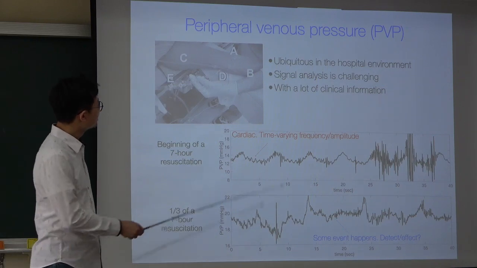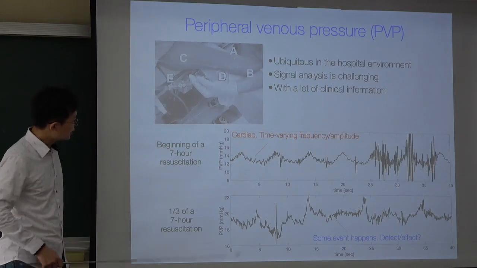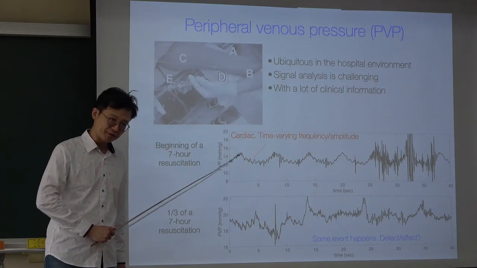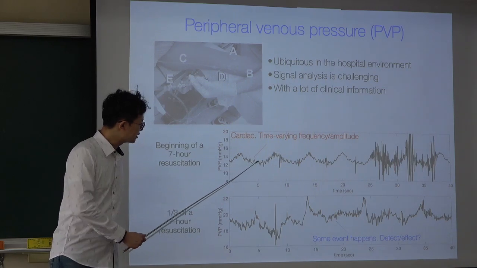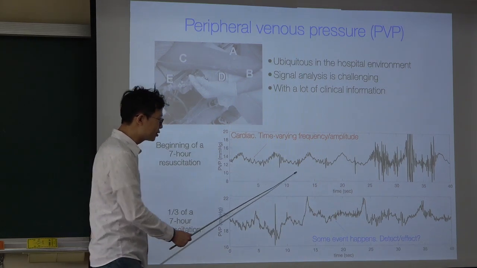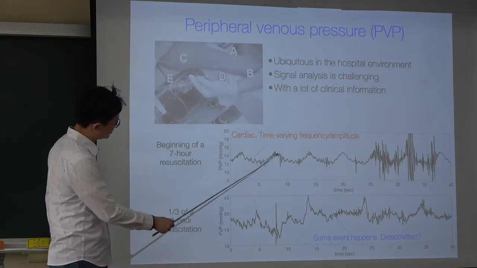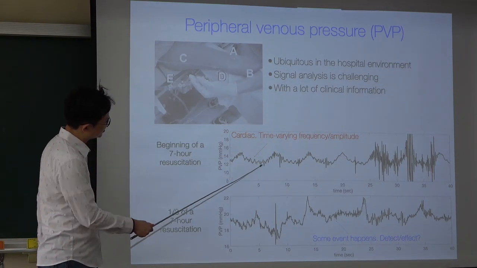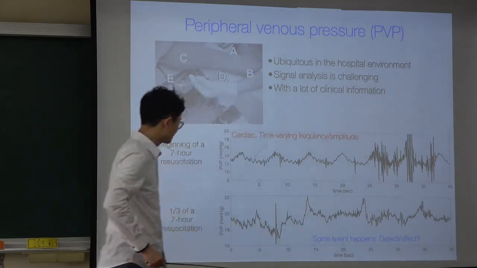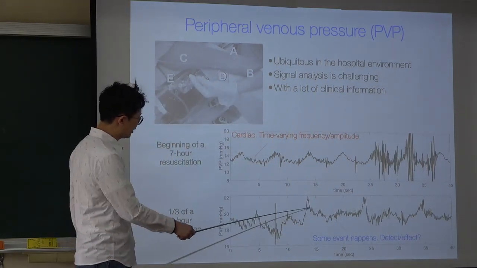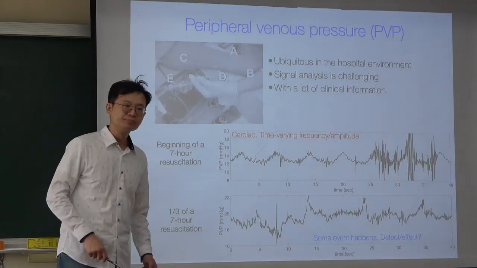Again, it is ubiquitous in the hospital environment, and analyzing this kind of signal is actually very challenging. If you look at this signal, it is very difficult to really see what is included inside. You may see, hey, sometimes there's an oscillation, sometimes, is this an oscillation? And sometimes there's very large noise, and sometimes, what is it? It's a very challenging signal.